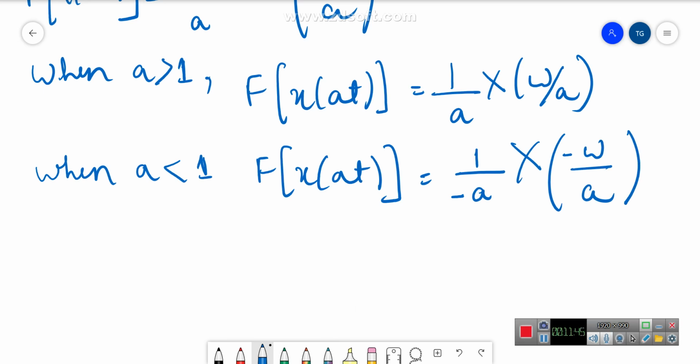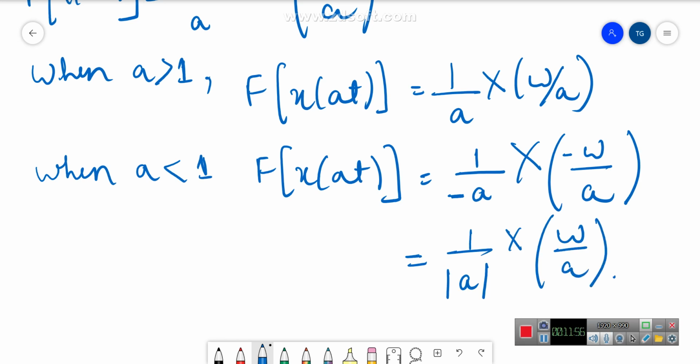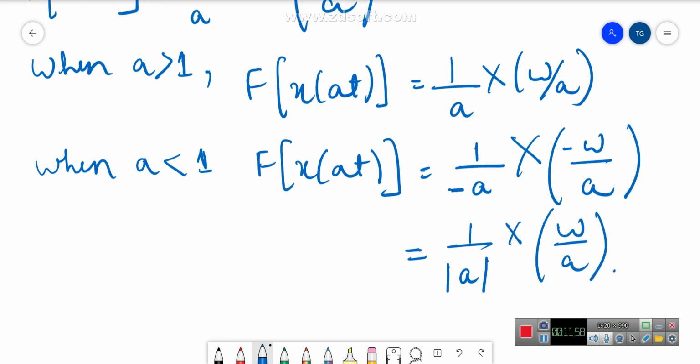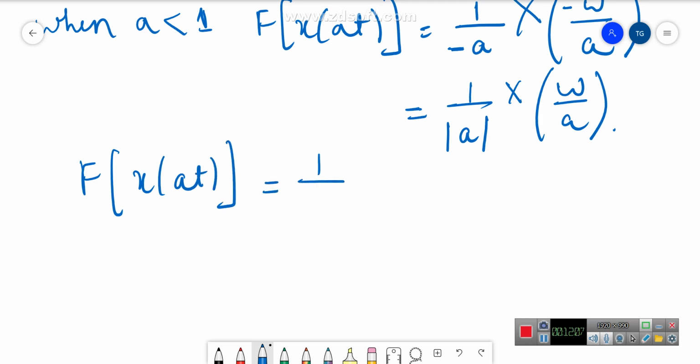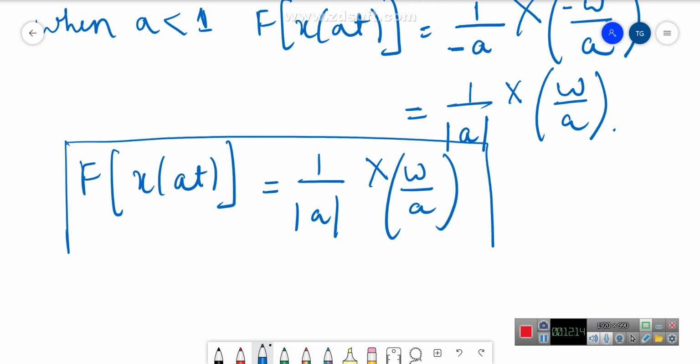So commonly we can write it down as 1 by mod of a, X of omega by a. So my Fourier transform of x of at is 1 by mod of a, X of omega by a.